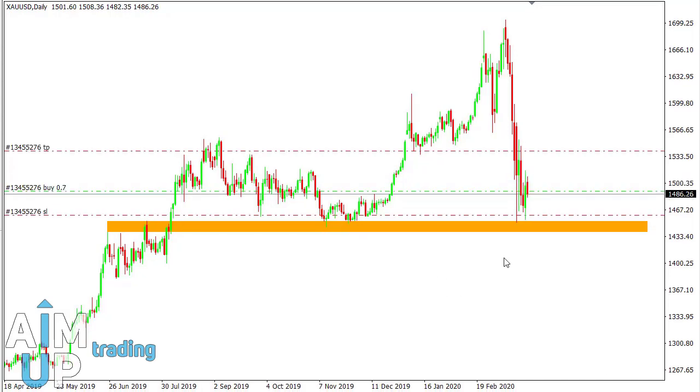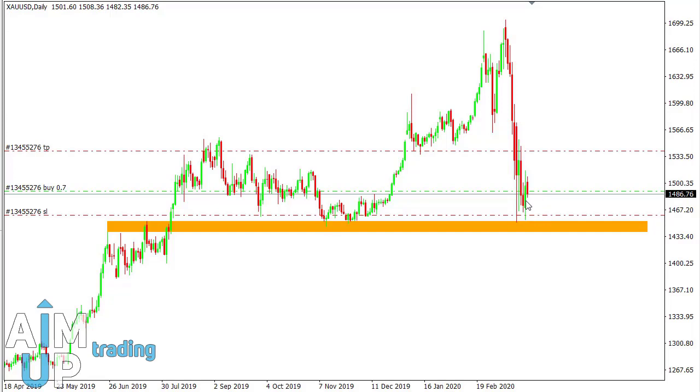what we like to call an engulfing candle. So basically the body of the previous candle is smaller than the next one, the green one. That's what engulfing candle means. So we had a nice support, then we have an engulfing candle.